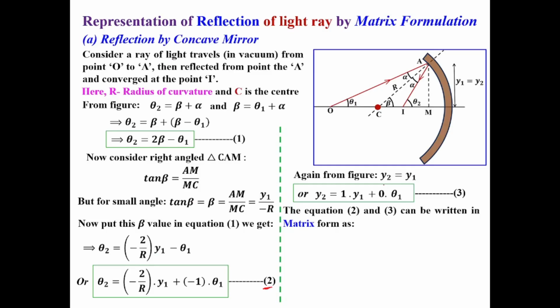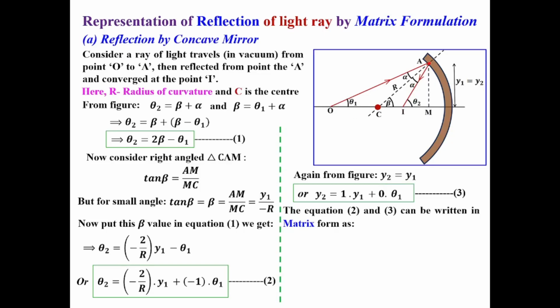Again from the figure, y2 equal to y1. See, y1 represents the height for the incident ray, y2 is the height for the reflected ray. For the incident ray, that means for the OA ray, and for the AM ray, this point A is common.